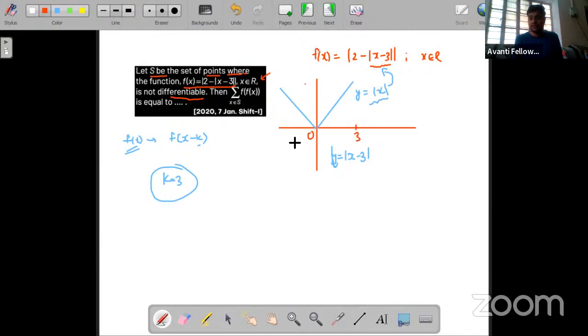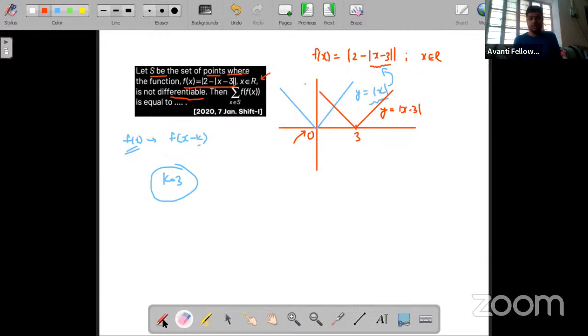This sharp point will come here at x equals 3. So we will draw the same graph, but translated by 3 units. So this will be my graph of y equals modulus of x minus 3. Clear? Any doubt till here?